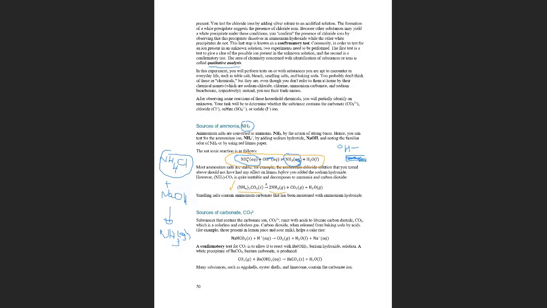Okay, let's see how we are going to test carbonate. You will need to review all these reactions a little bit because you are going to need to write those reactions, and then in the quiz, you will need to refresh how you are going to test for these ions.